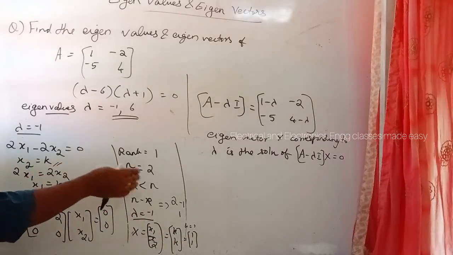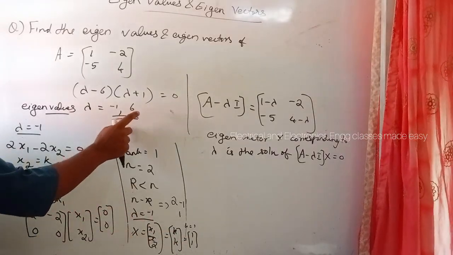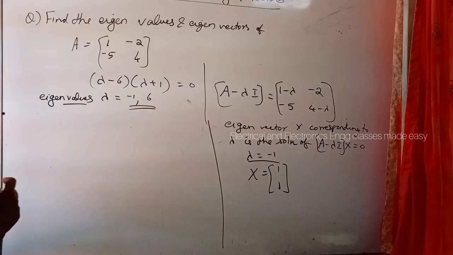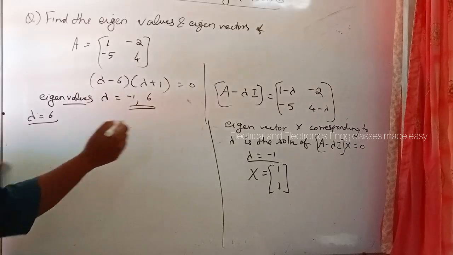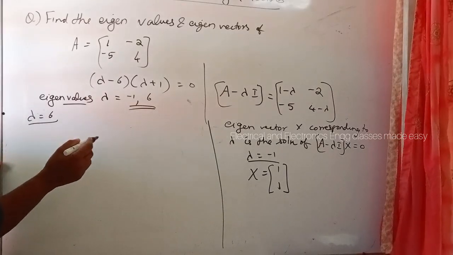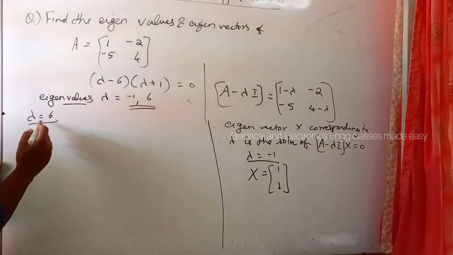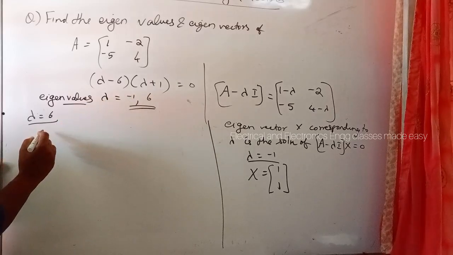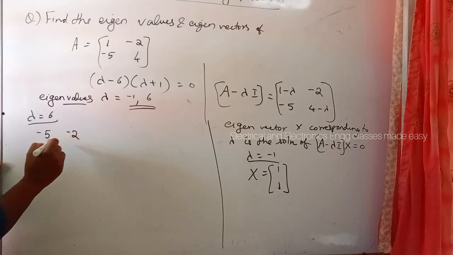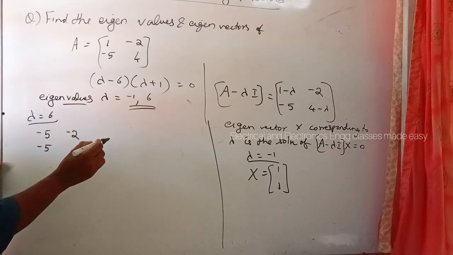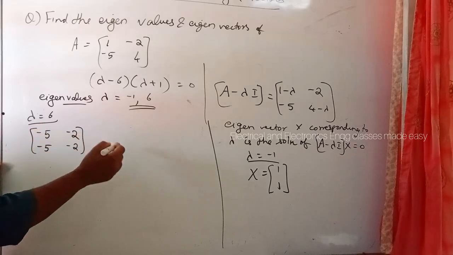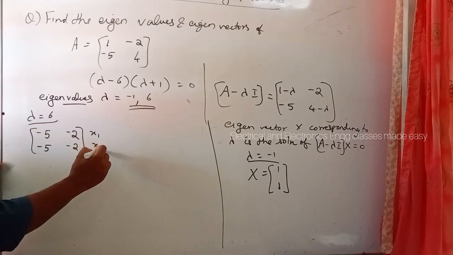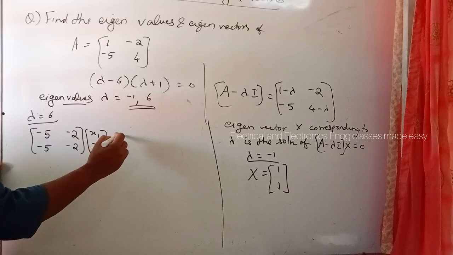Now we have to find the eigenvector corresponding to the eigenvalue 6. When lambda is equal to 6, the equation (A minus lambda I) into x equal to 0 becomes: A minus lambda I is 1 minus 6, that is minus 5, then minus 2, minus 5, then 4 minus 6, that is minus 2, into x, where x is x1, x2, equal to 0.